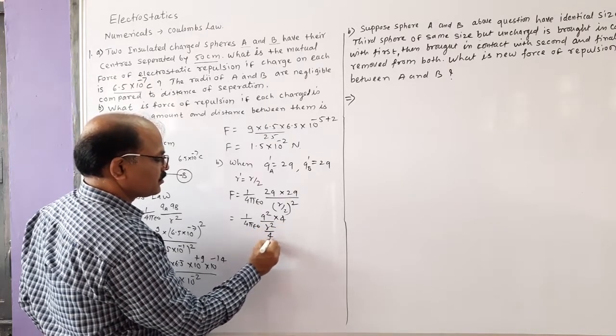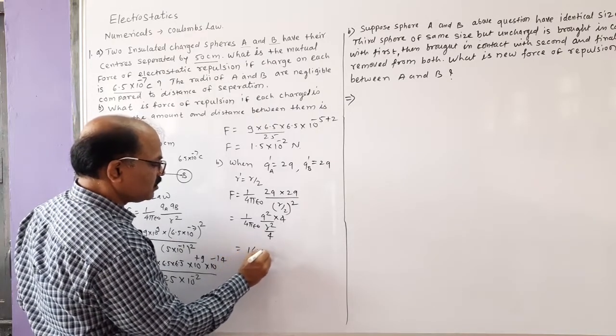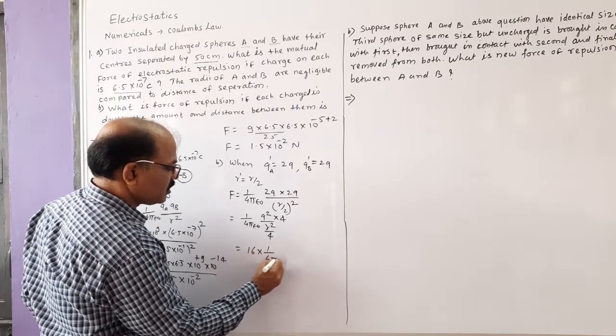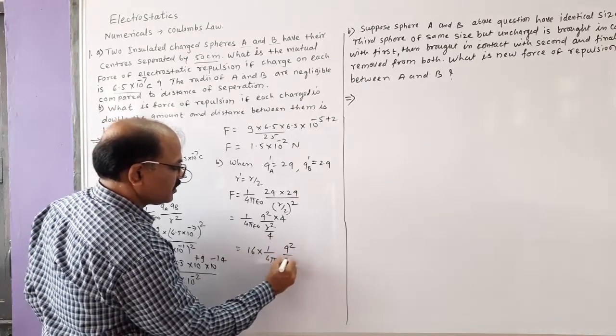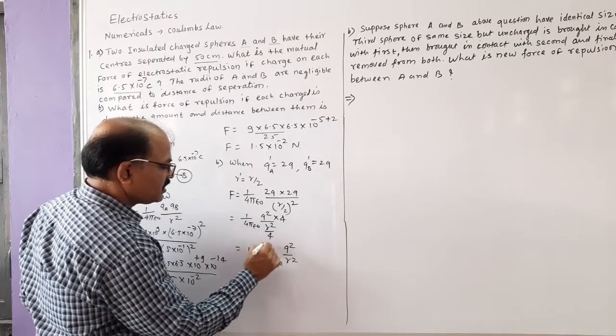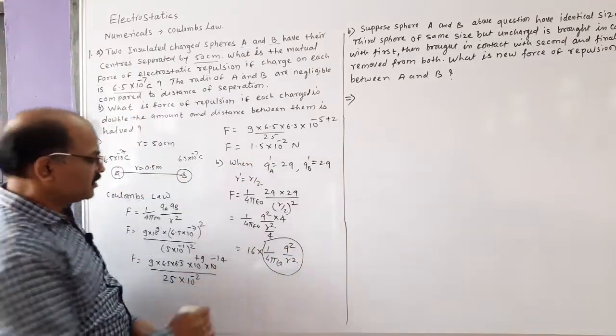This 4 becomes 16 into 1 by 4 pi epsilon naught q square divided by r square. This value of this part we calculated earlier in this equation.